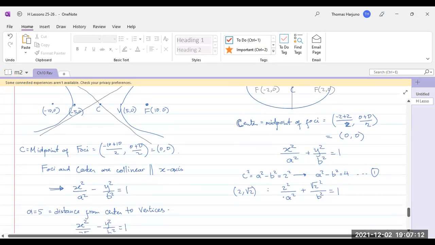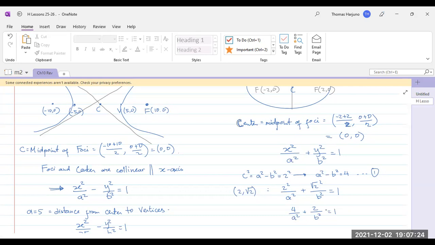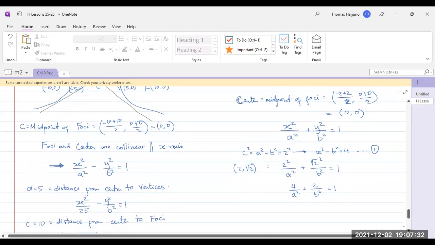Right? So 4 over a squared plus 2 over b squared equals 1. Is it okay? Now from here, you can do substitution actually. Let's do this.